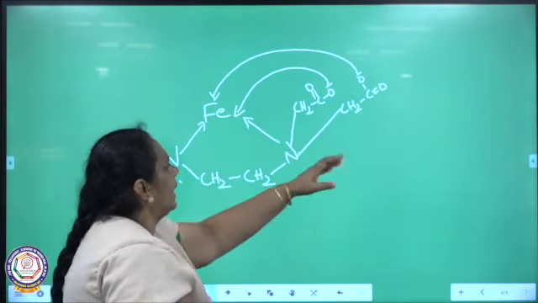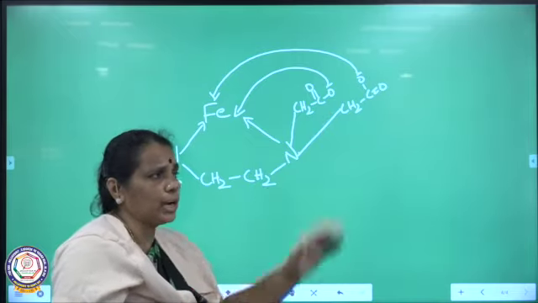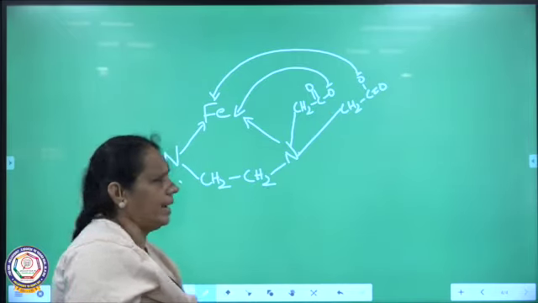And you see on one side I have written acetate ion. There are 2 acetate ions towards the right hand side.